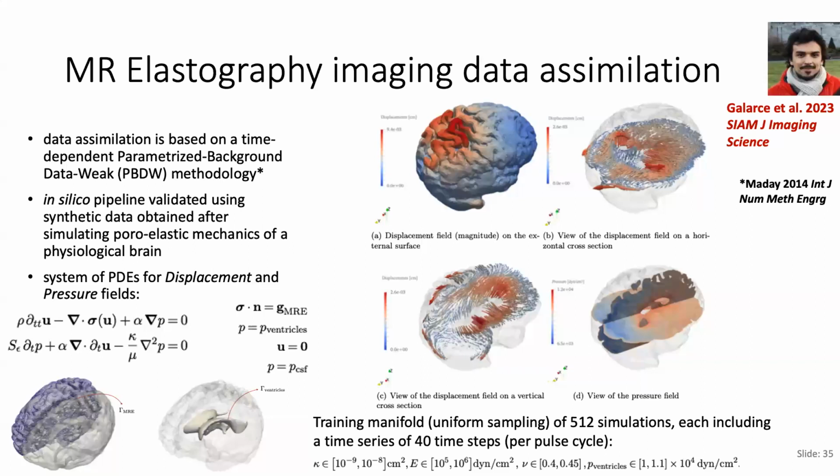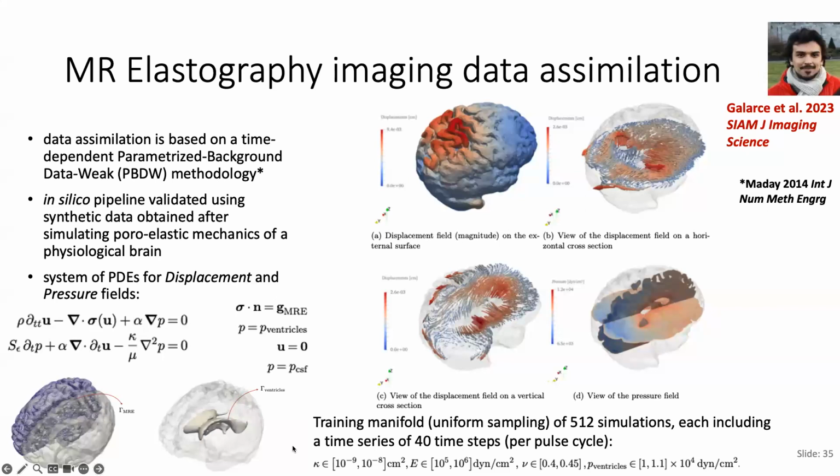And we simulated a physiological brain. So, like I said, a physiological brain, not human. At the bottom, I have the governing equations for the solid-fluid system. So we assume the biphasic formulation, and we have pressure and the boundary conditions.